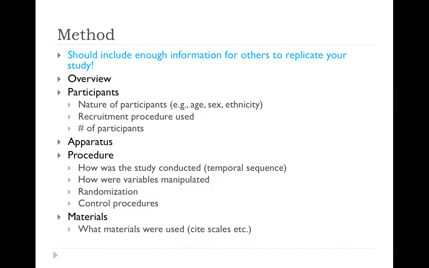This is also where you talk about how your independent variables were manipulated or measured in some cases. And then you also mention your control procedure, for instance, that you randomly assigned people to one of the three conditions and so forth.